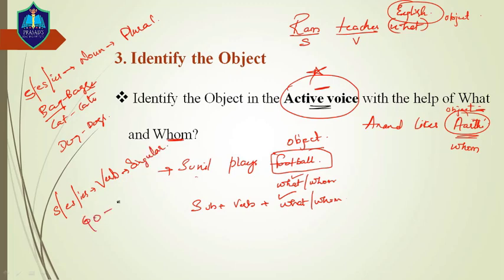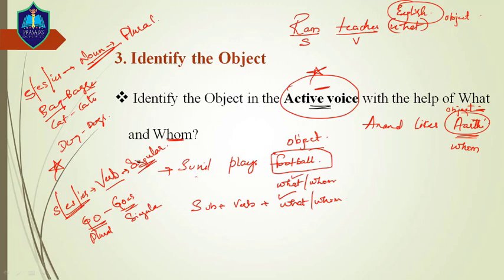See here, go, goes. Go is a verb, and I added ES to make the verb singular. So go is plural and goes is singular over here. This is a very important thing you have to know. S, ES, IES we add to a noun to make it plural, and S, ES, IES we add to a verb to make it singular. This is a very important point you have to remember.